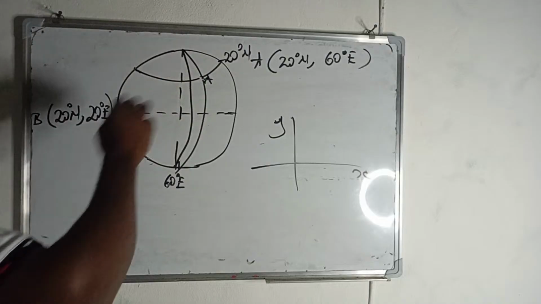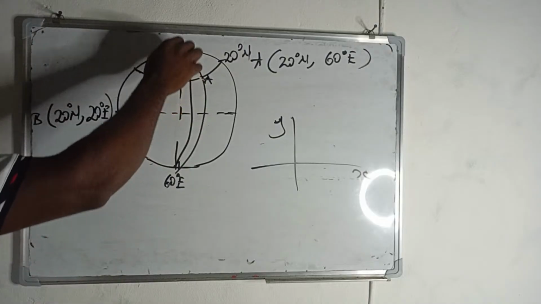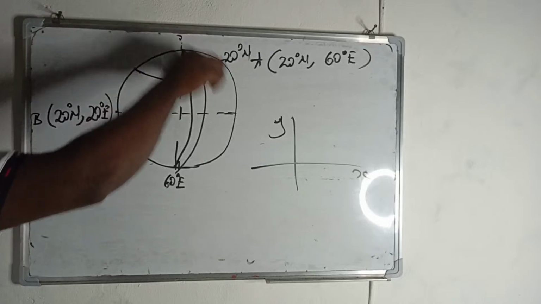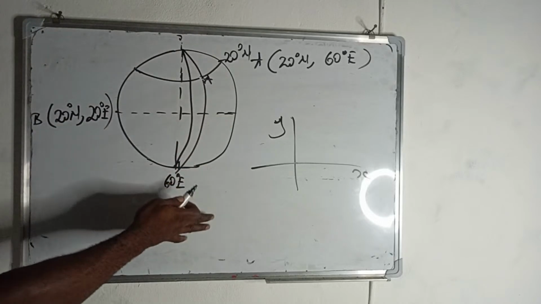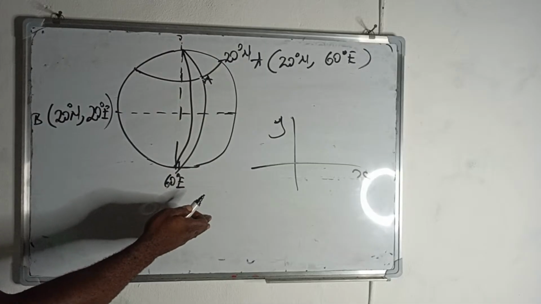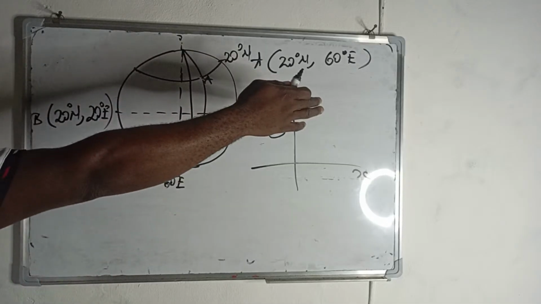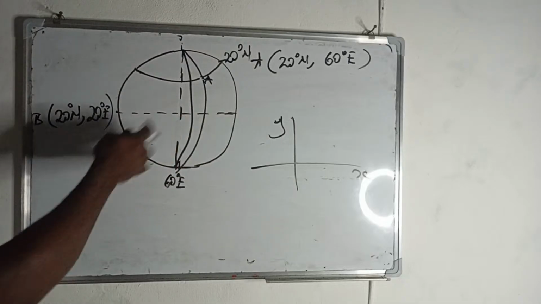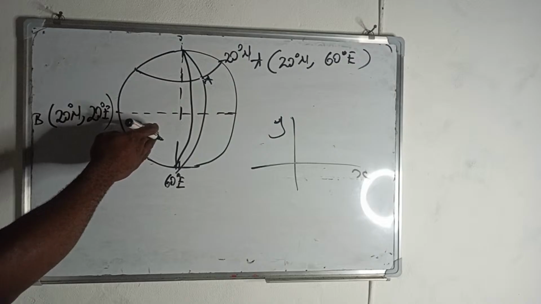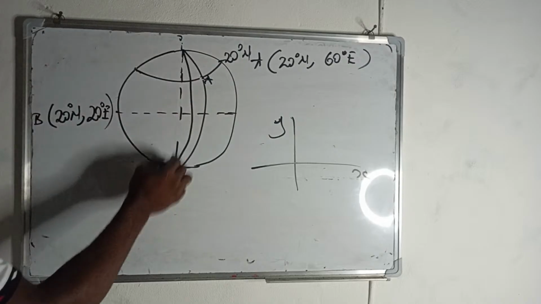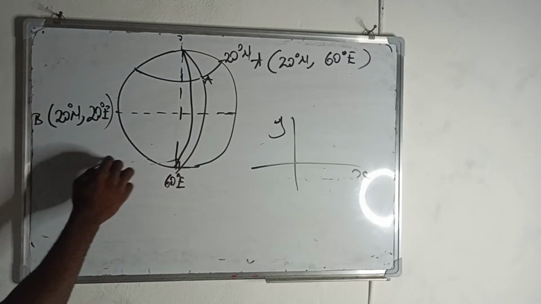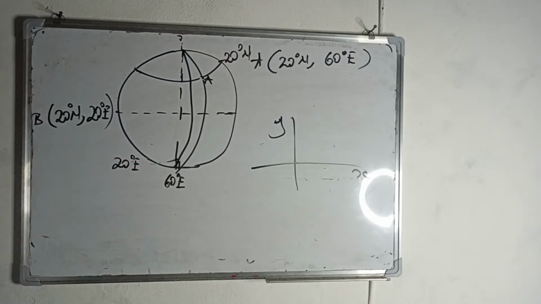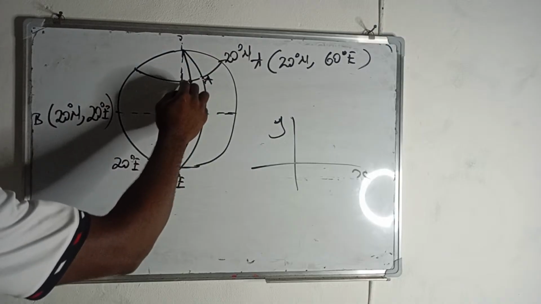This line is telling you that this is the zero mark. So of course you know that 60 degrees is much larger, so it should be on the outer side, while the 20 degrees will be very close to our Greenwich meridian. So here this is 20 degrees east. So this is our town B.